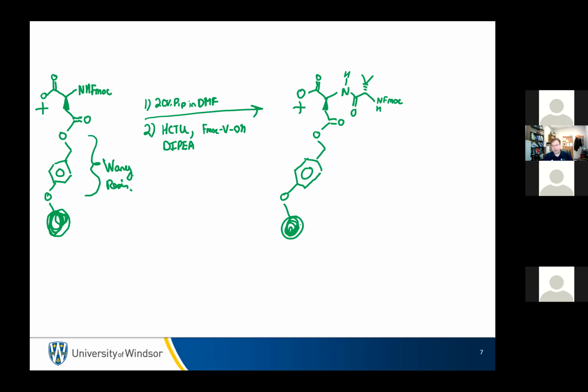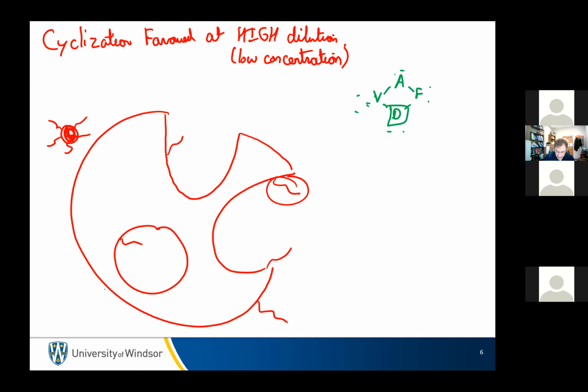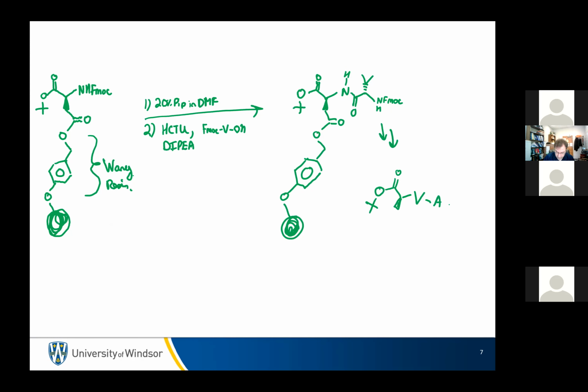So again, we have the bead here, we've added the next amino acid. We can then add the next amino acid and the next amino acid, and we end up with V, then A, then F. So I'm just going to draw in the carboxylic acid and the bead.